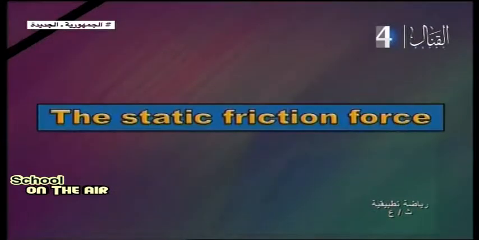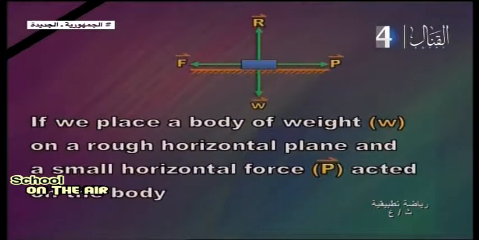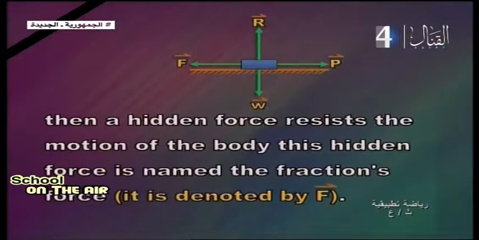Static friction force. Now we move to an important topic called static friction force. Look at the body. If we place a body of weight W on a rough horizontal plane and a small horizontal force B acts on the body, then a hidden force resists the motion of the body.